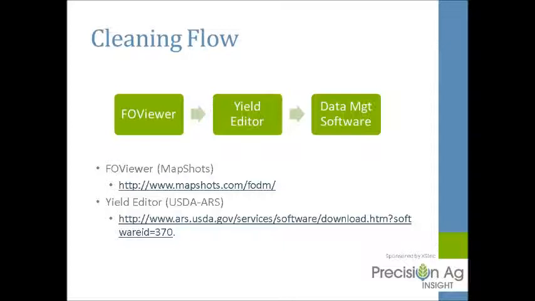It is not as quick as importing them right into a data management software, whatever you may be using, but I'd feel a lot more confident at the end of the day knowing that we have high quality yield data and that we got all those data points that were in error clipped out. And both of those are free software packages, so useful tools to have on your computer in the case of cleaning yield data.